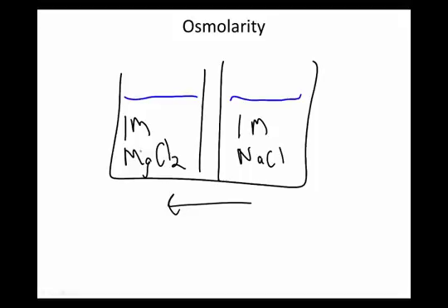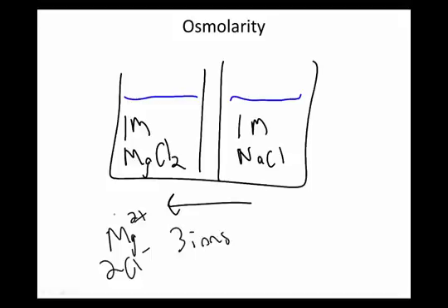But what's happening is, remember, osmosis, like the other colligative properties, is based only on the number of particles in the solution. Magnesium chloride dissociates into 1 magnesium ion and 2 chloride ions for a total of 3 ions.